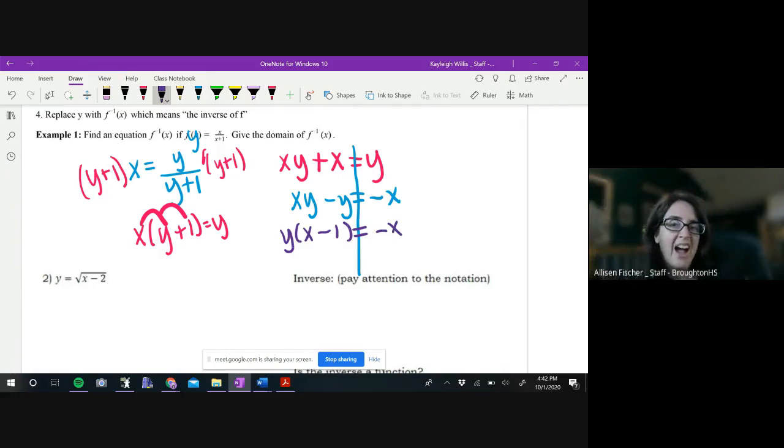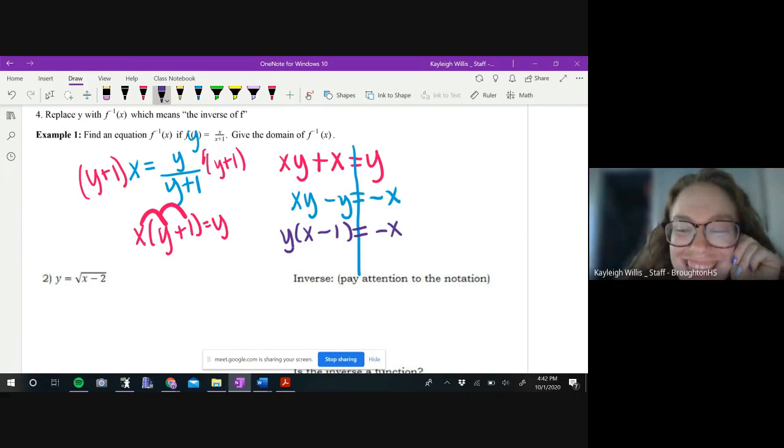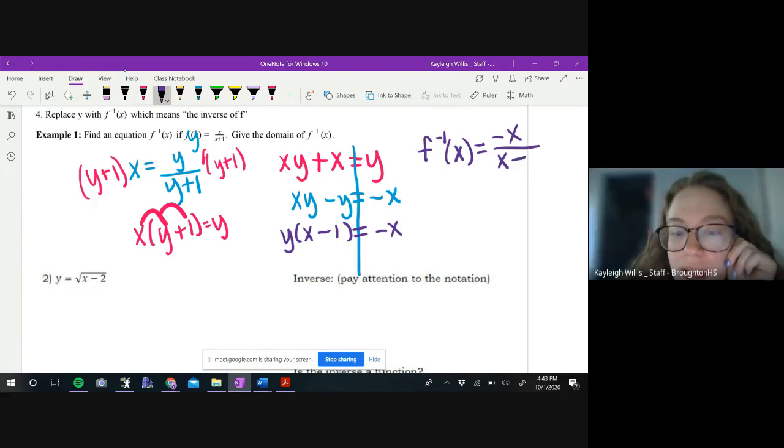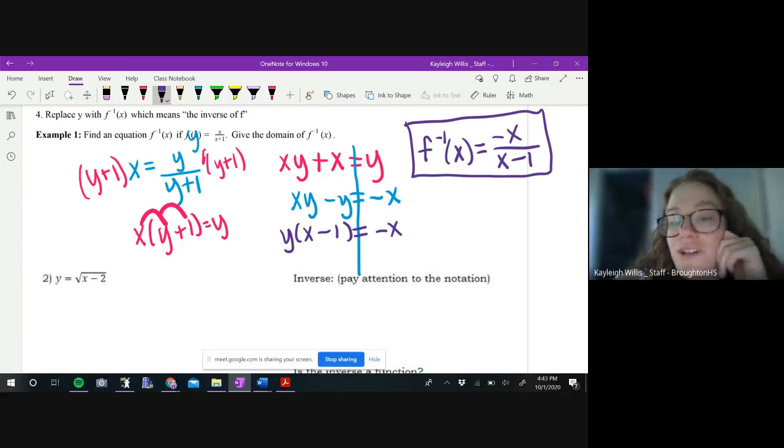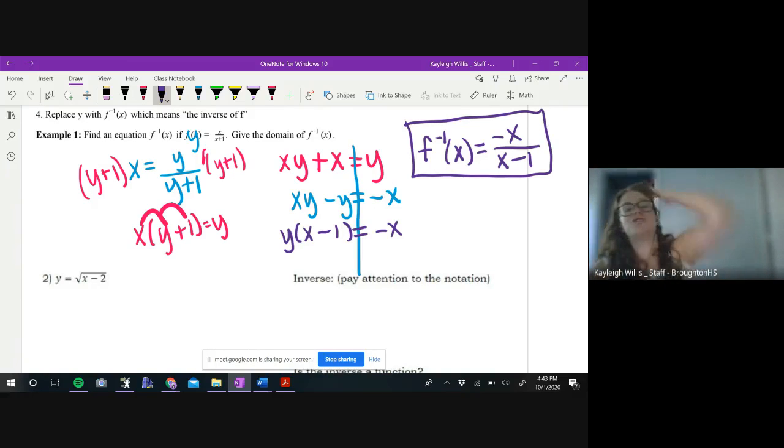Then we can divide. Yes, there we go. And so I'm going to write my inverse notation because that's the way we want it. I have negative x on top, and I'm dividing by x minus 1, that whole parentheses. So now I have found the inverse of that original function.